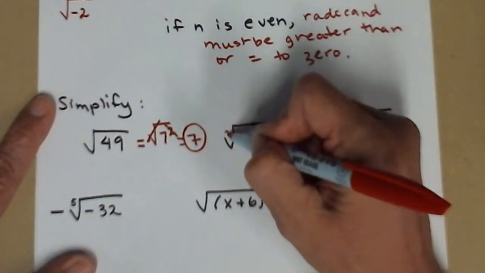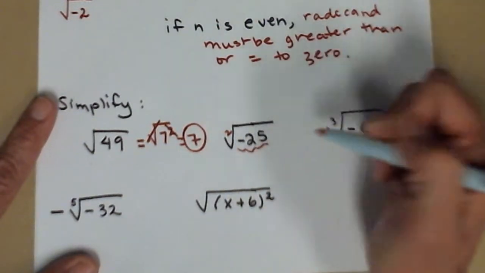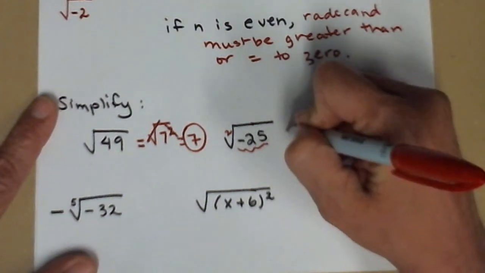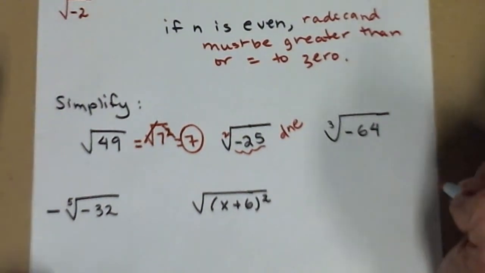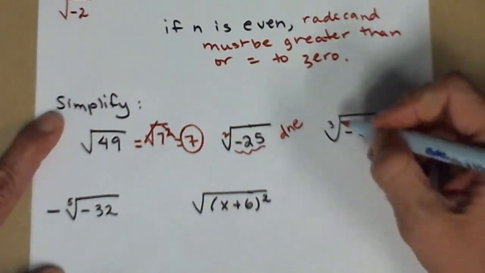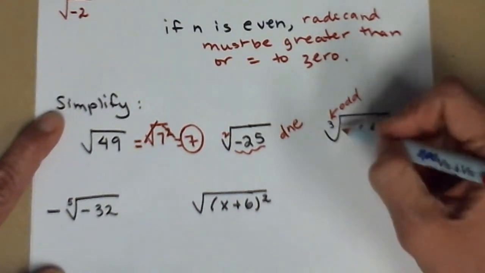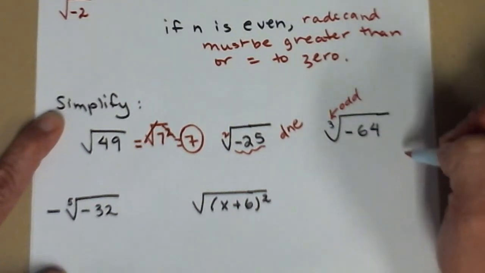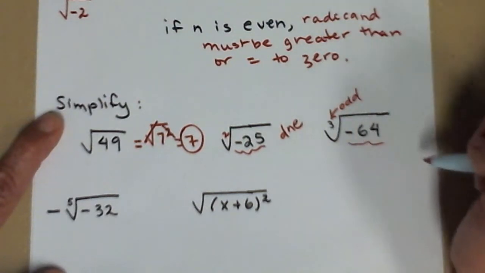Square root, index is even, of -25. My radicand is negative. We can't do that, so at least for the next few sections, we'll say that does not exist, or it's not a real number. Next one, cube root, odd. We can take the cube root of anything. We're looking for the number that we multiply by itself 3 times to get the radicand.